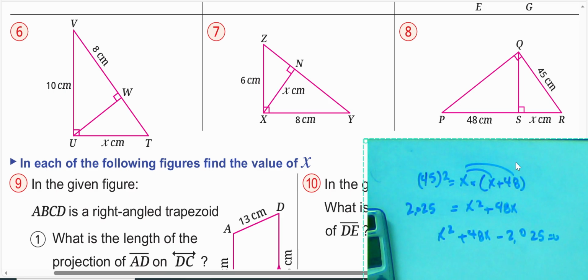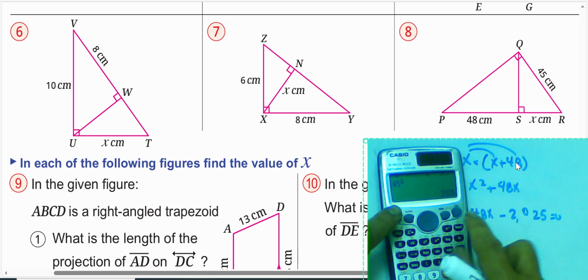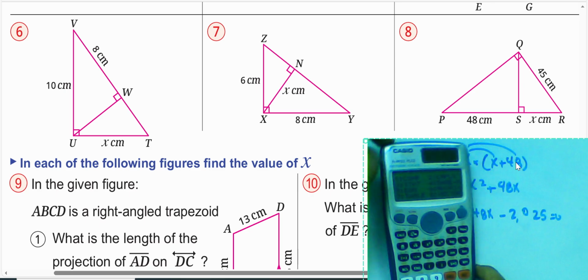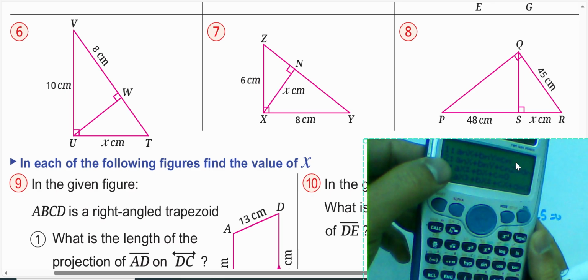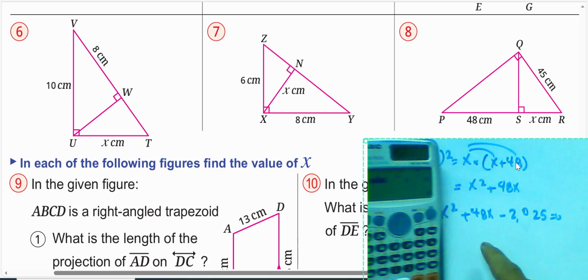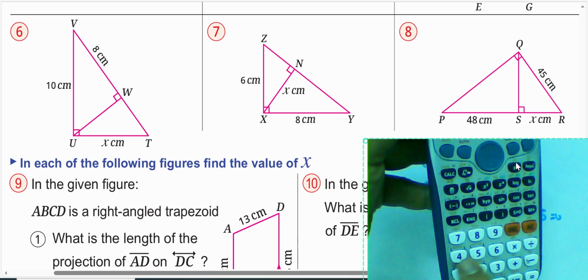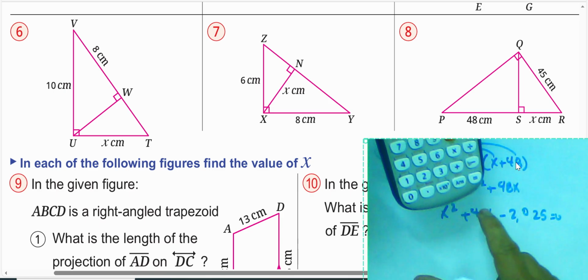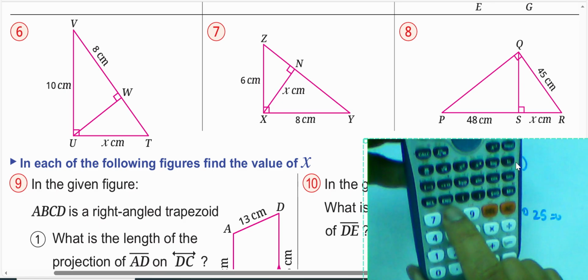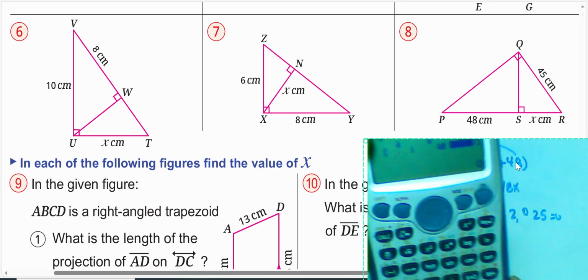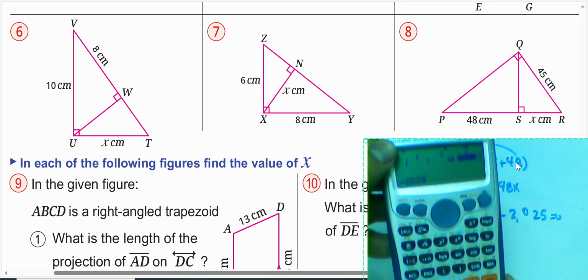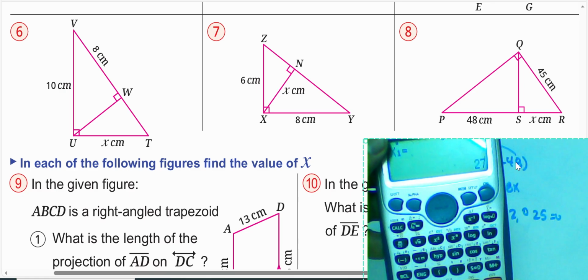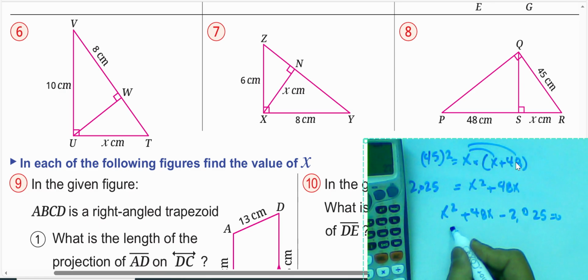Open the program here. Listen to me, the steps. First step, open mode here and then equation, 5 and then 3, 5 and 3, and then write the coefficient of x power 2, write 1 equal and then 48 and then equal and then negative 2025. In solution, x will be 27.